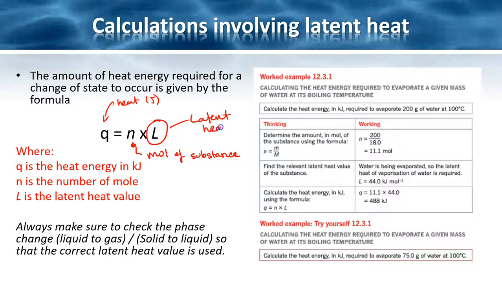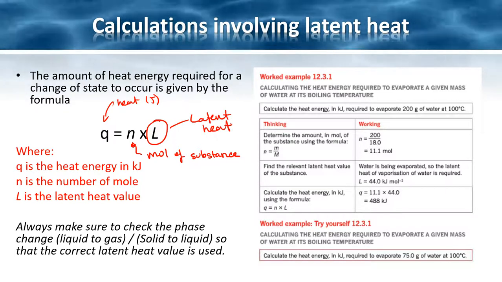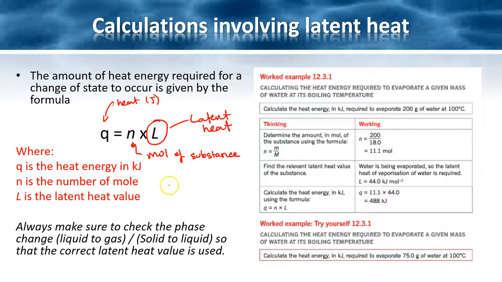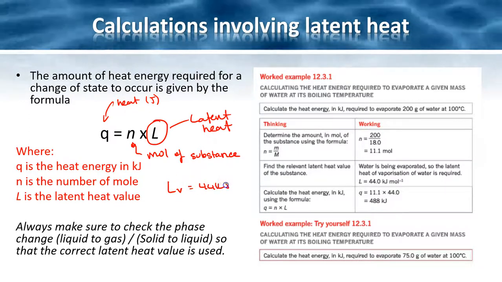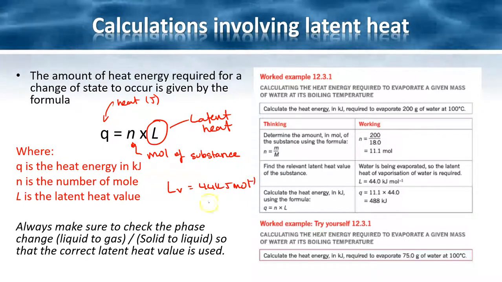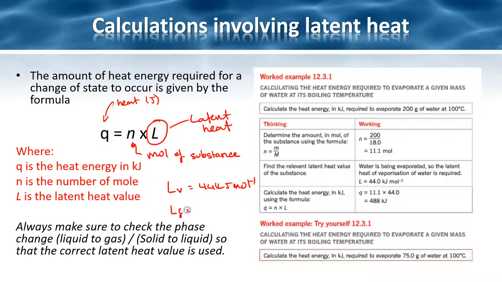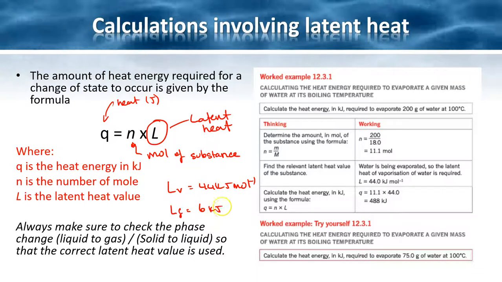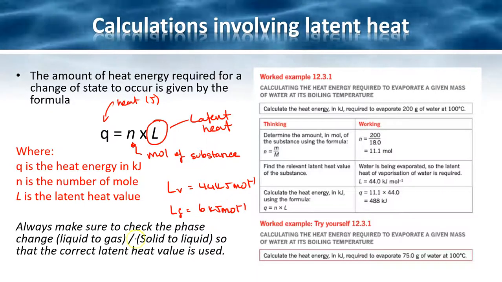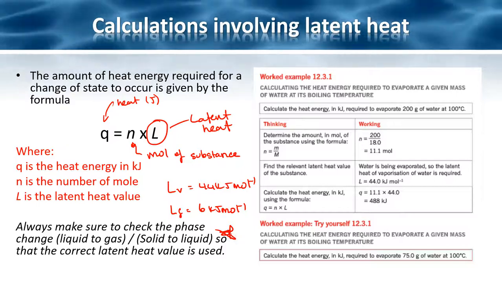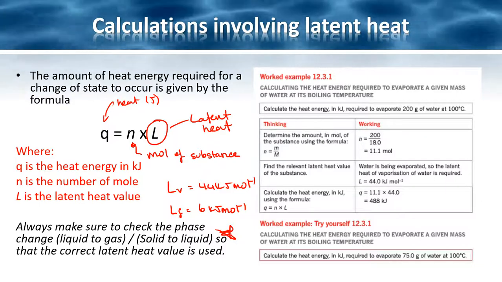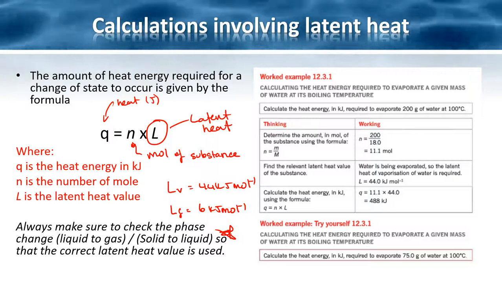This could be latent heat of vaporization, which is 44 kilojoules per mole, or latent heat of fusion, which was our 6 kilojoules per mole. So you need to check the phase of what you're talking about. Are you at the liquid to gas or solid to liquid phase, so that you use the right latent heat value.